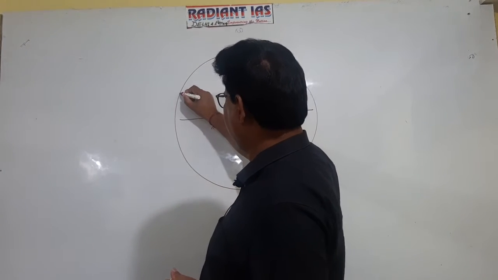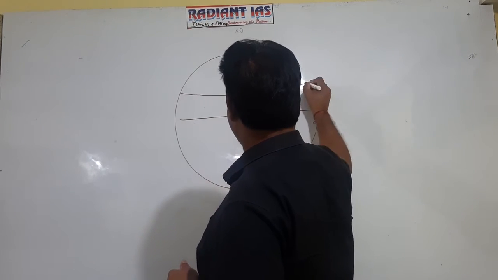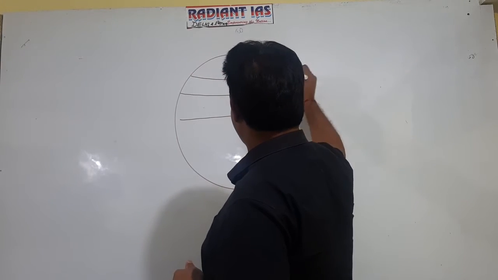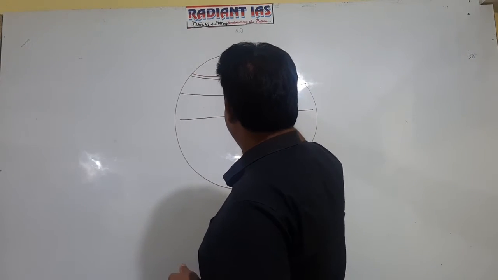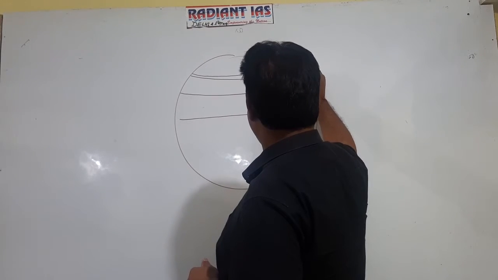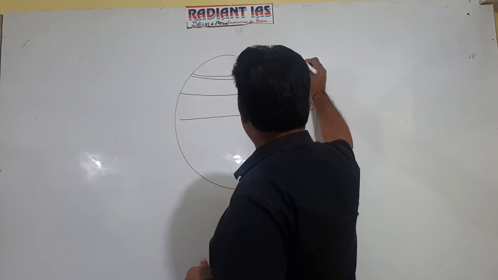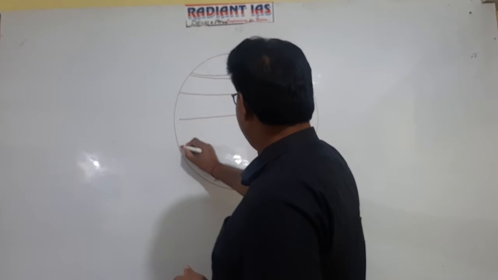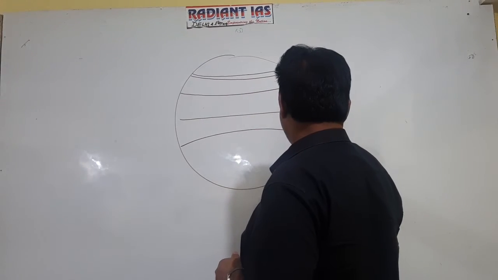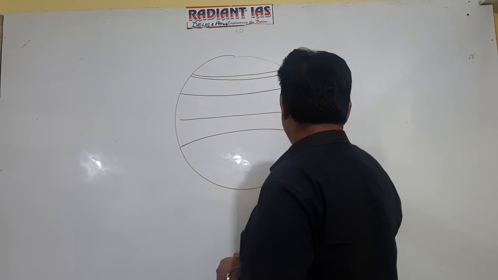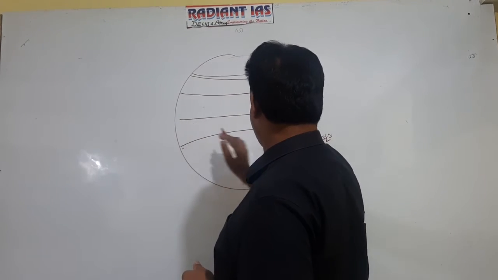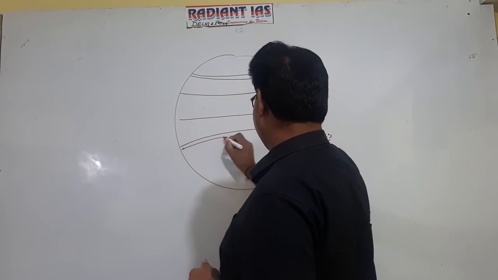the sub-equatorial low pressure belt, this is the subtropical high pressure belt, and this is the zone between 60 to 65 degrees latitude, 60 to 65 degrees north. This is 23 and a half degrees south.